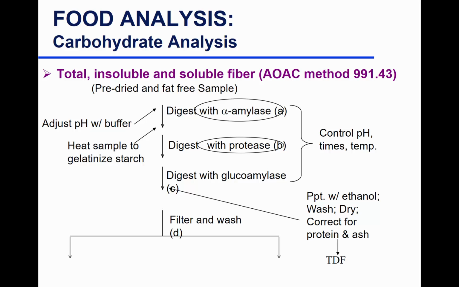Sometimes you need to heat if you have a raw starch, so you heat it a little bit to gelatinize it so that you can digest it with alpha amylase, and then digest it with glucoamylase, because you want to make sure that everything is soluble in the aqueous phase and can be removed. And then you digest also with protease so that you can break down the proteins into amino acids and peptides so that they also can be solubilized and removed.